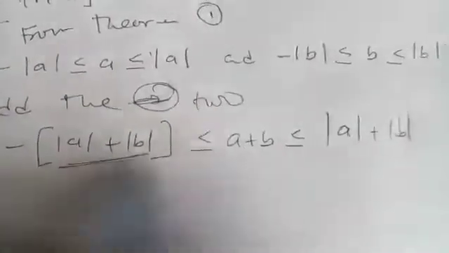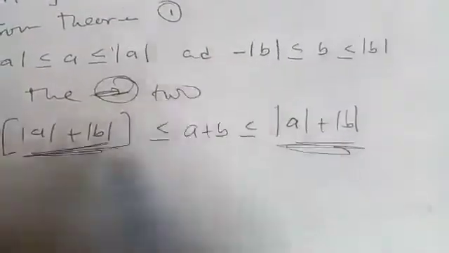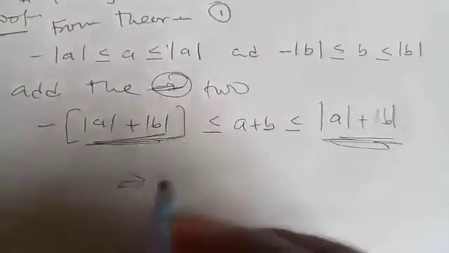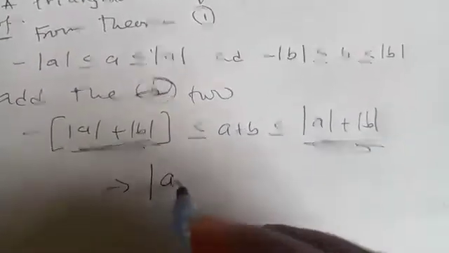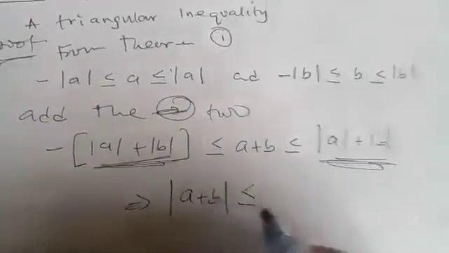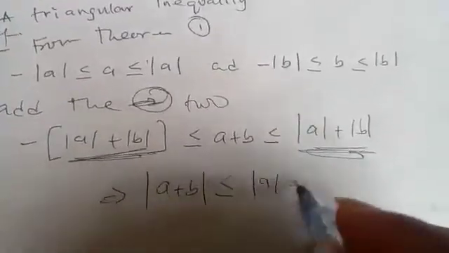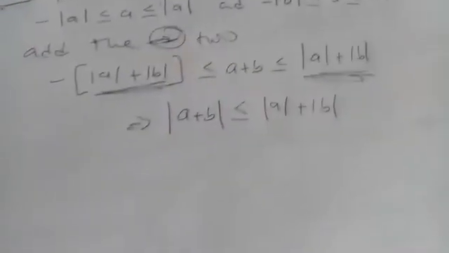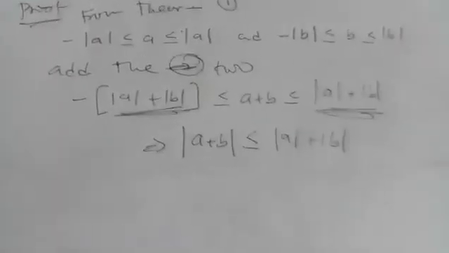You can see that I have the same thing here, with minus here and plus here. So this implies that the absolute value of a plus b is less than or equal to the absolute value of a plus the absolute value of b. So this is a proof of the triangular inequality.